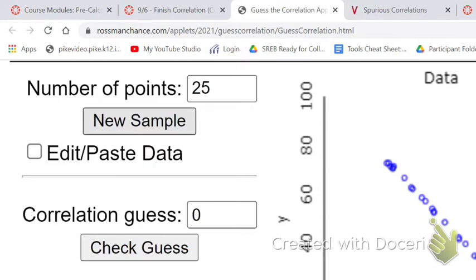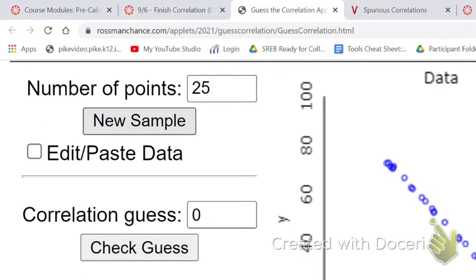So as you're reading this graph, from left to right, if it appears that those points have a general downward trend, similar to a negative slope, it's going to be a negative correlation. If moving from left to right, those dots appear to have a general upward trend, they're going higher on the graph as you move left to right, that would be a positive correlation.